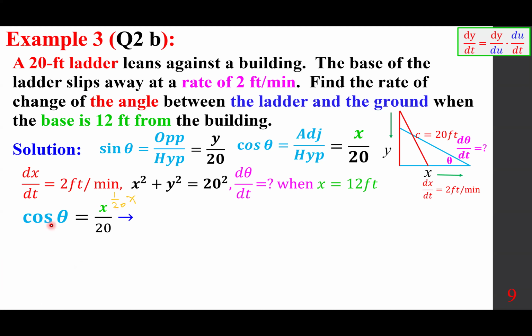The derivative of cosine is negative sine. So you have negative sine theta d theta/dt, because theta is not the independent variable. In related rates, only t is the independent variable. The right side is 1 over 20, x is dx/dt. So 1 over 20 dx/dt.